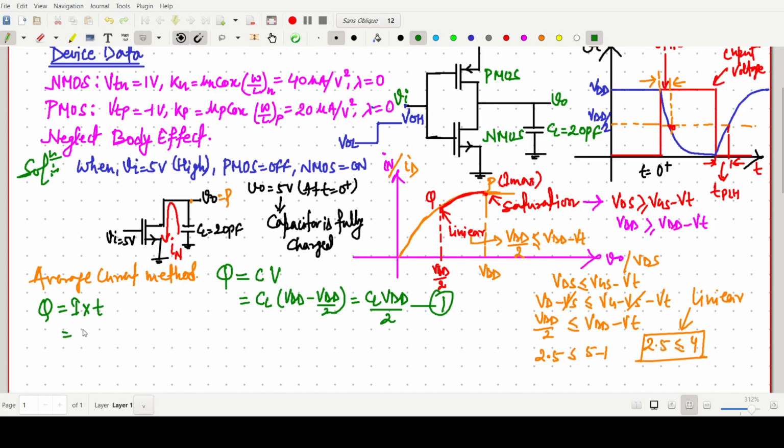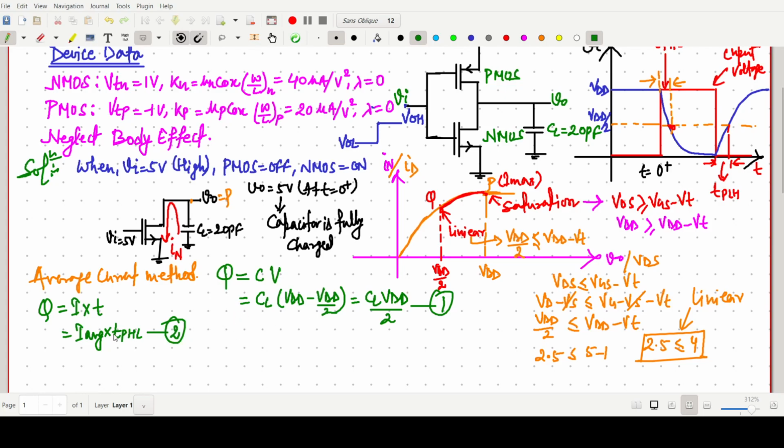Now the same charge expression Q can also be written as I into T. Here I is simply the average current flowing through the NMOS, into T, the time when it goes from this point to this point, that is our tau PHL. This is equation number 2.